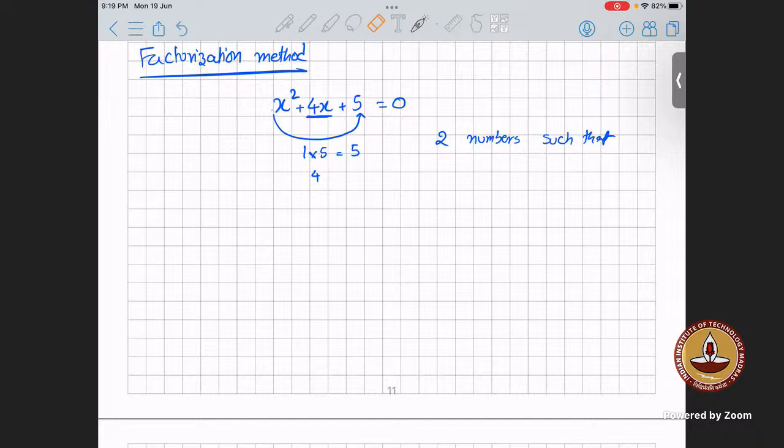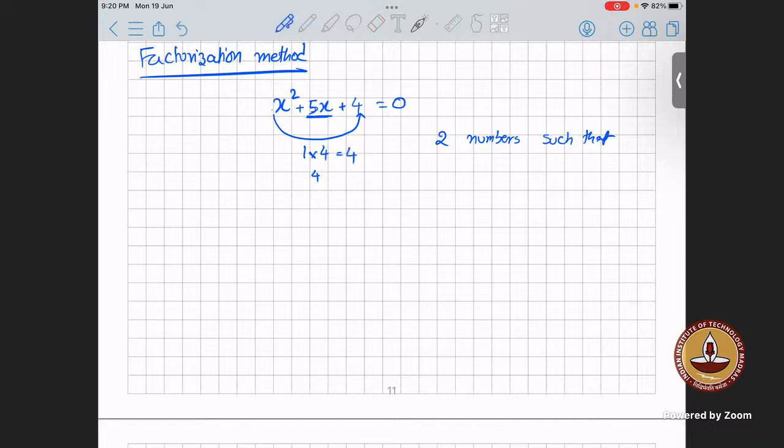Let's first suppose 5. Sir, take the 5 as a 4. Yes, that is what I'm doing. Look, 1 into 4 equal to 4.